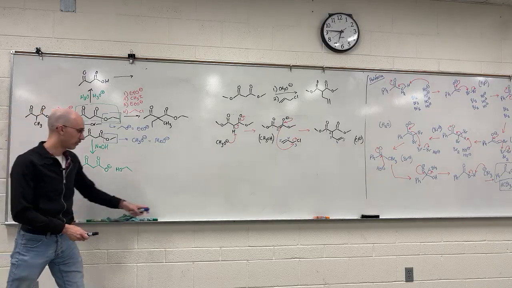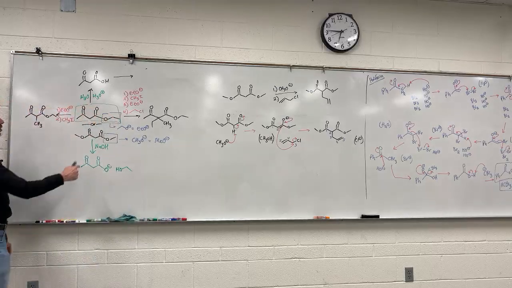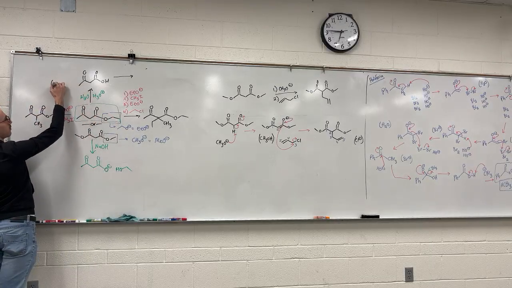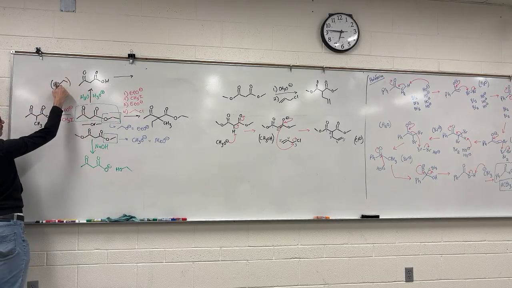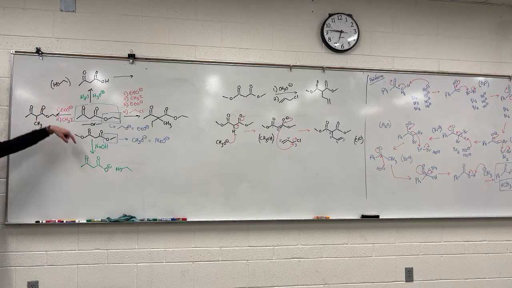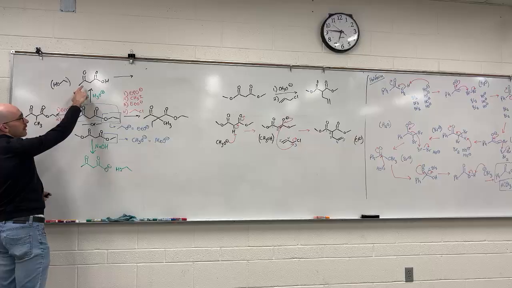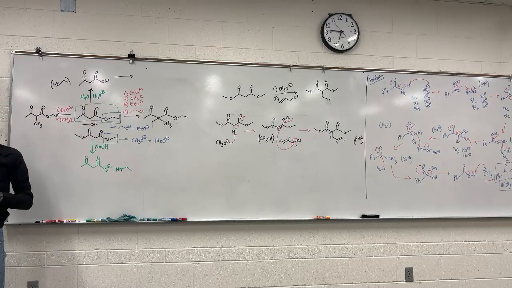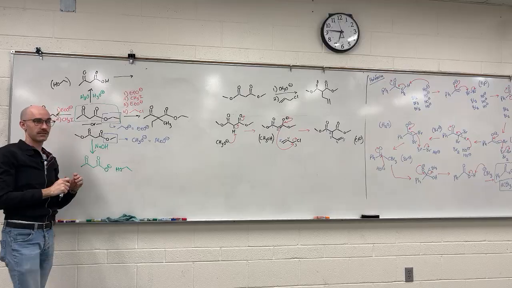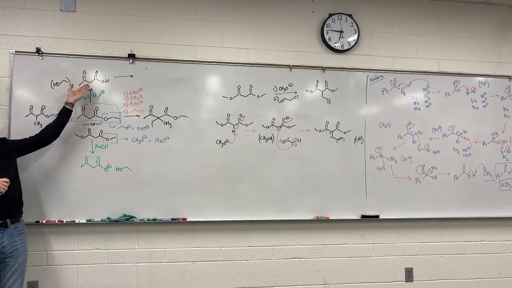All right, so we showed that we can hydrolyze. I guess maybe I didn't show that we get an alcohol byproduct when we hydrolyze up there. And then I showed that you can take this beta keto acid. Would you have called it that?